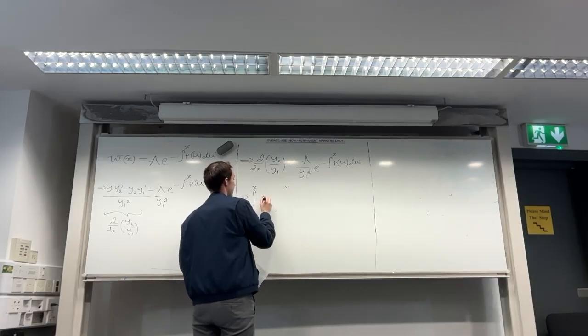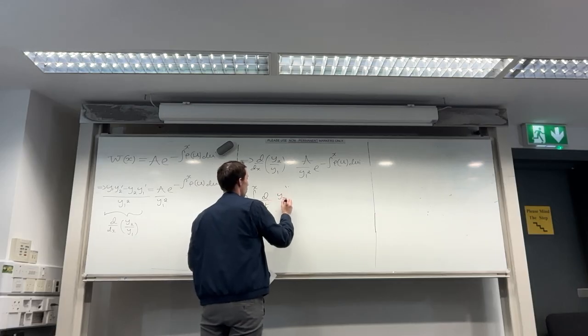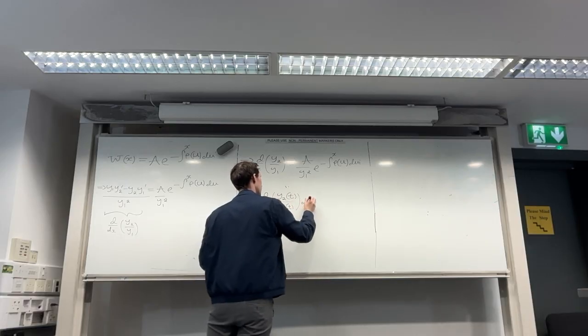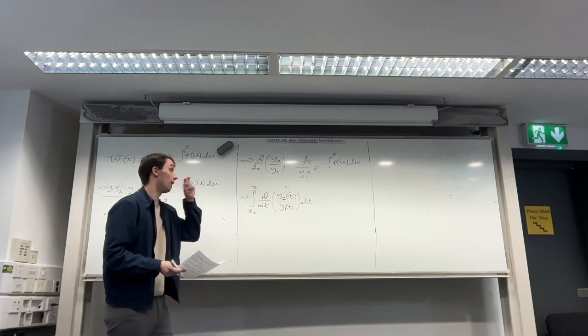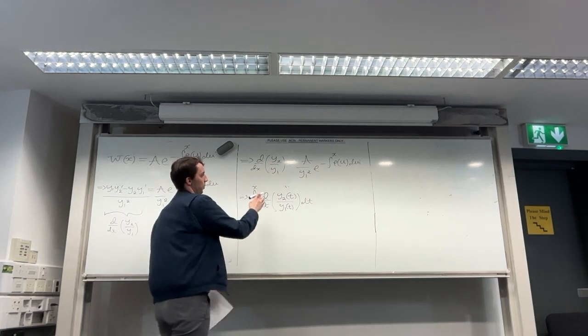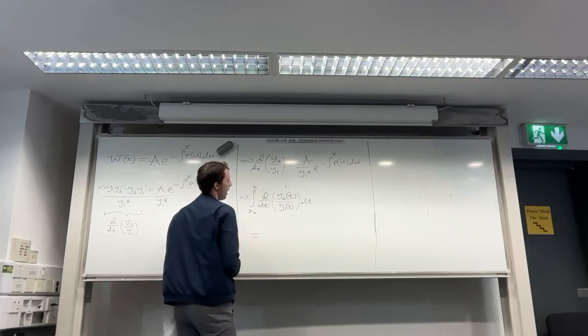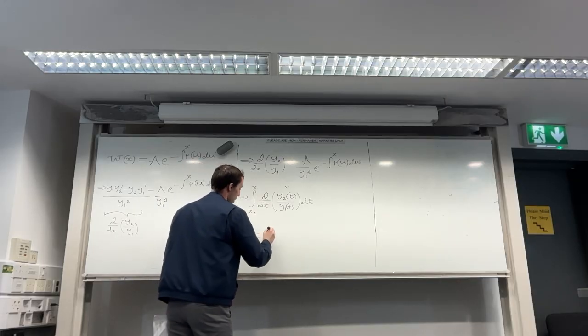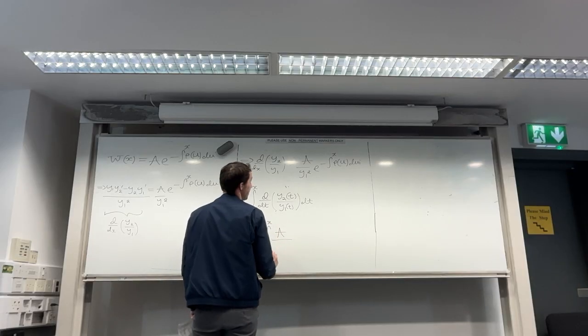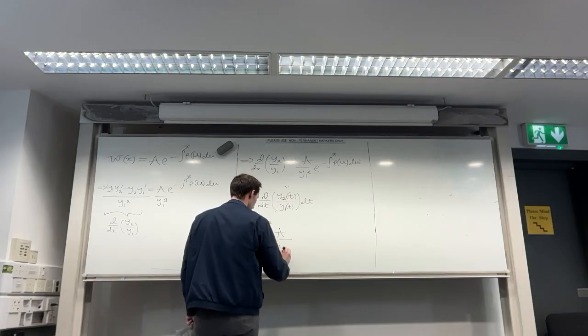And then this left-hand side is going to be the integral of d/dt of y2 of t over y1 of t. All I've done here is replace the x's in the integrands with t's, just to avoid confusion with the upper limit. And then the right-hand side, again, we're going to integrate from x0 to x, and then we have to replace all of the x's in the integrands with dummy variables.